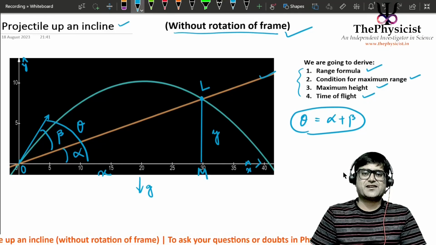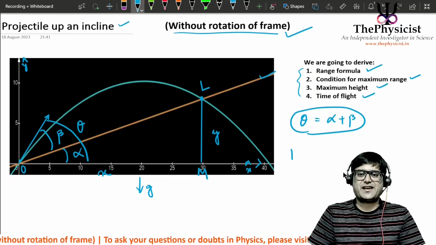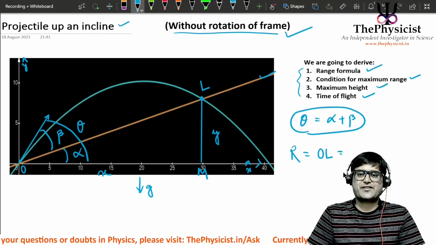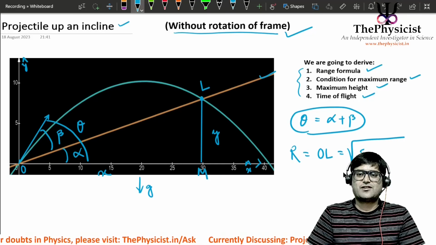So the range here is the length of O to L, and that is simply the square root of x squared plus y squared.